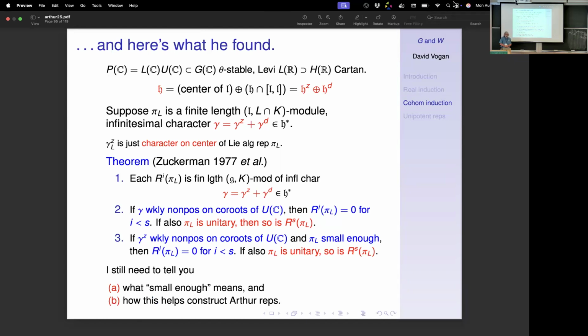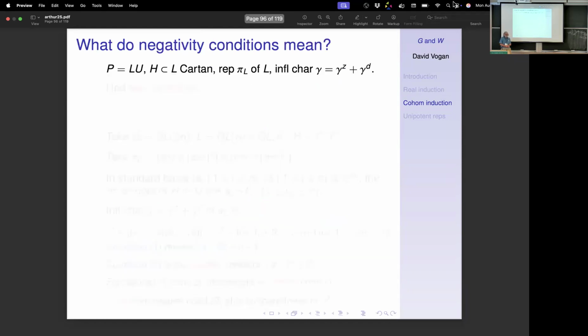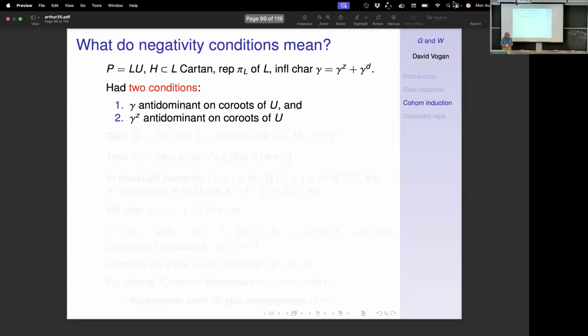Okay, so what about these positivity or negativity conditions? I was looking at two things.